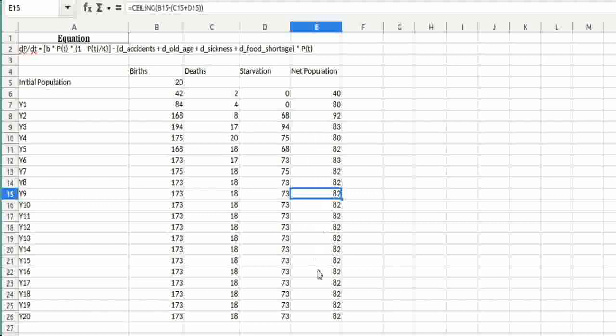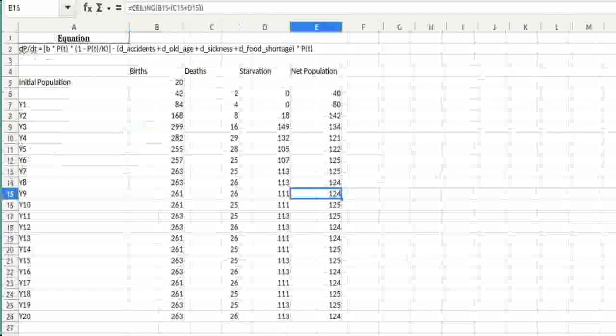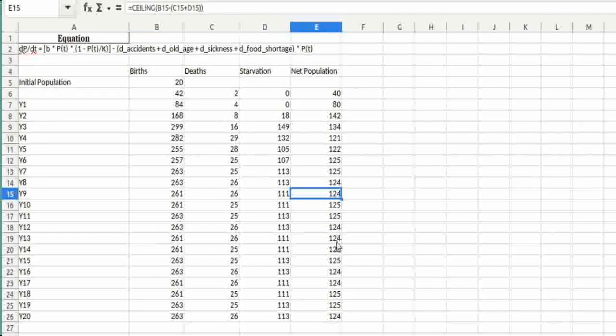So this was a sort of interesting model, and I can play around with the parameters. You know, I can boost this to 150, and then if we go back, well, it's adjusted, but it also hovers right around this mark. So I found it quite interesting how quickly it stabilized.